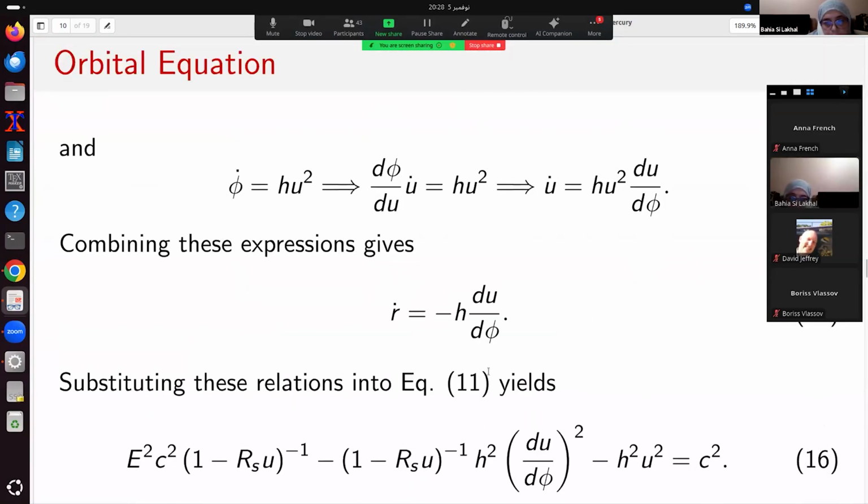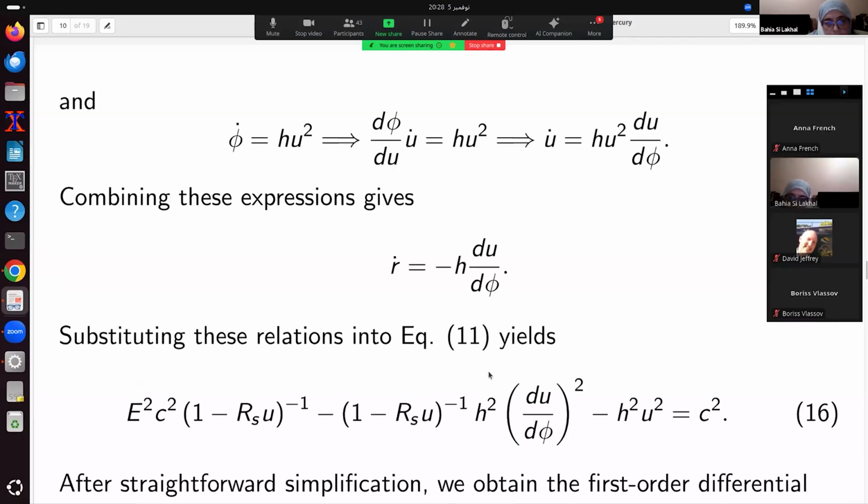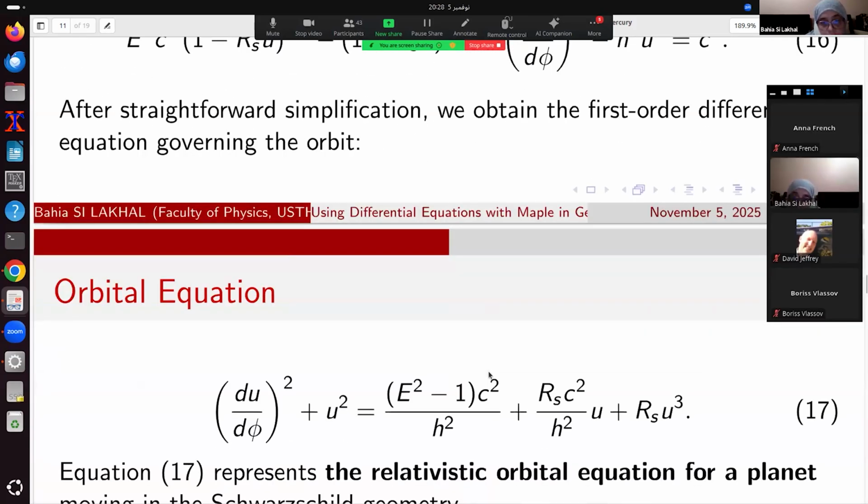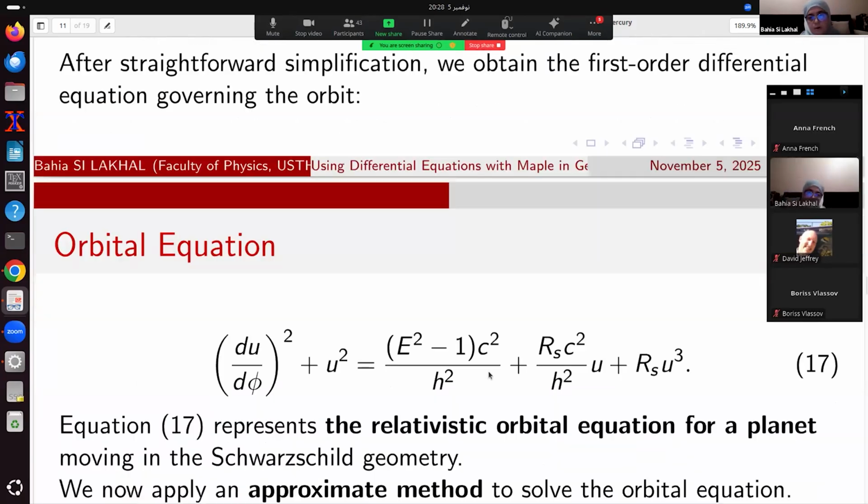This is our differential equation that we can simplify more to find this equation. This equation represents the relativistic orbital equation for a planet moving in the Schwarzschild geometry.